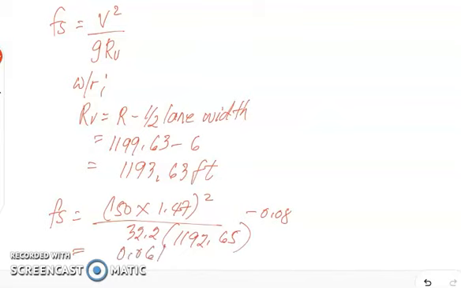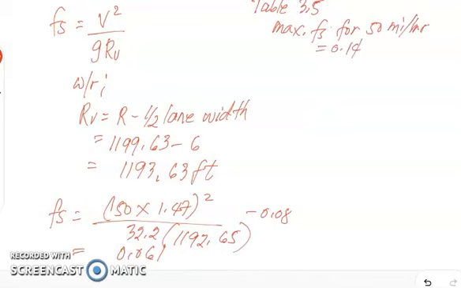So therefore, the value for our f sub s is from table 3.5. From table 3.5, the maximum f sub s for 50 miles per hour is equal to 0.14.